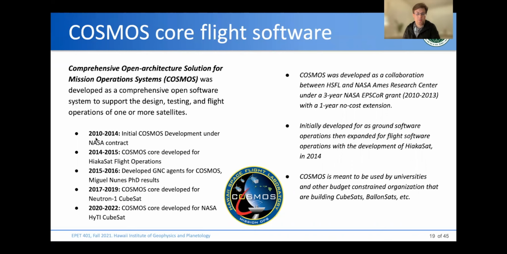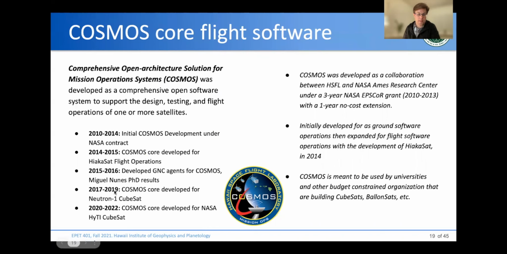So in 2010, we initialized the development of Cosmos under a NASA contract. Through 2015, we developed Cosmos Core for Hyakasat flight operations. Through 2016, I worked a lot on Cosmos and developed guidance navigation control algorithms and ran some results for my PhD.